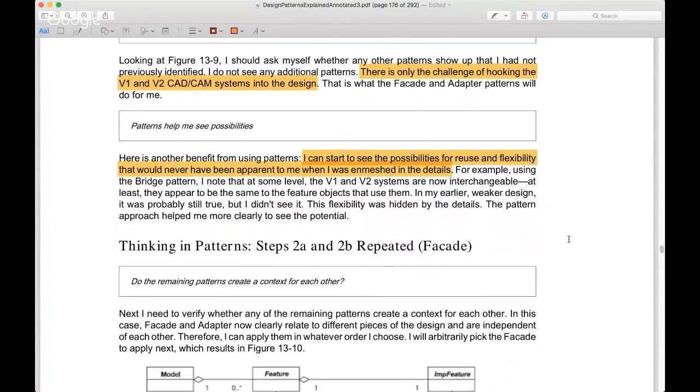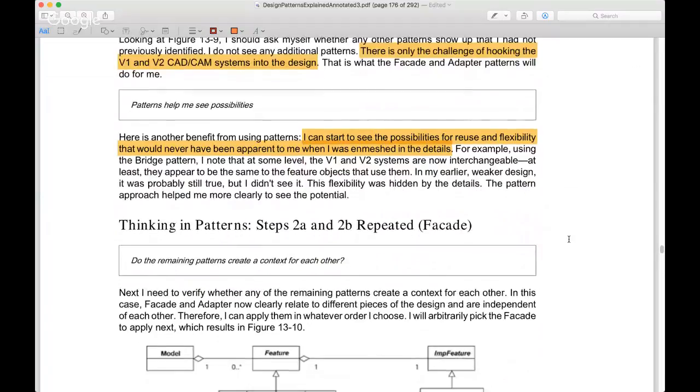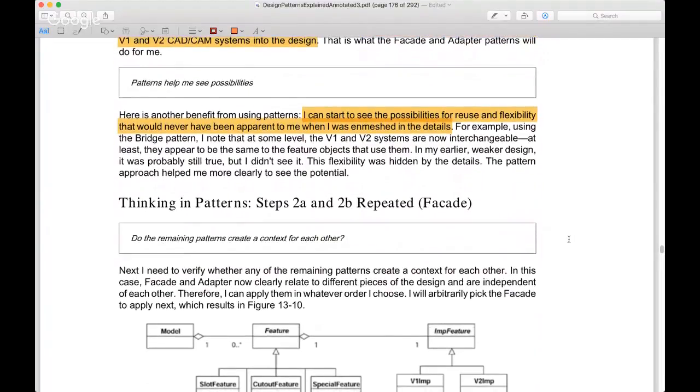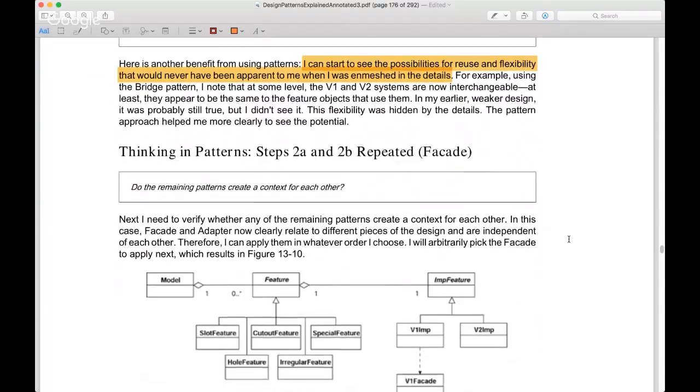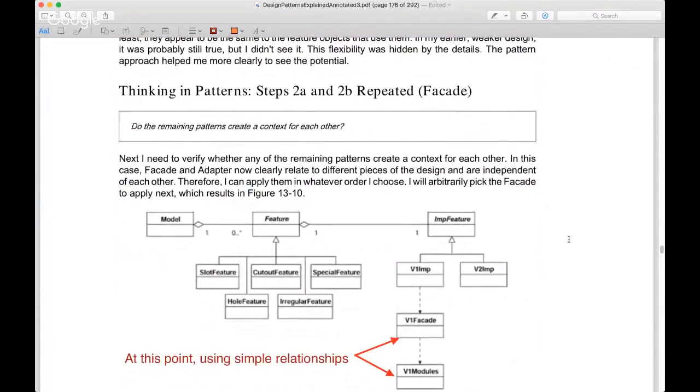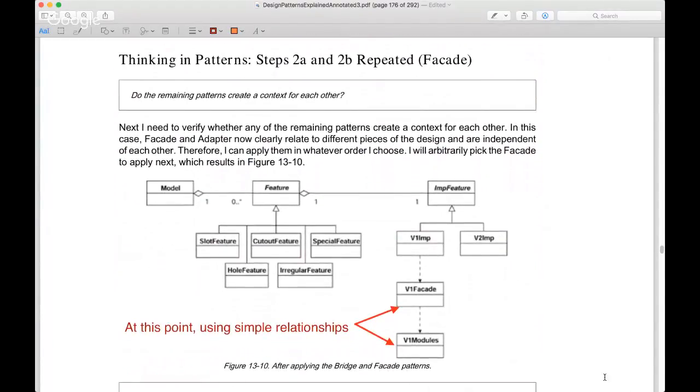The V1 and 2 systems now need to be interchangeable. And so this is now going to drive the requirement for the other patterns that he identified. So these have to have identical APIs.